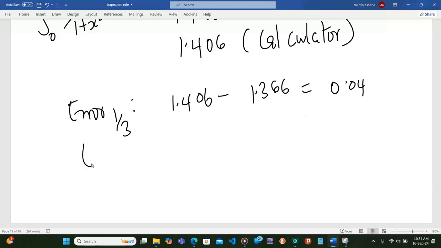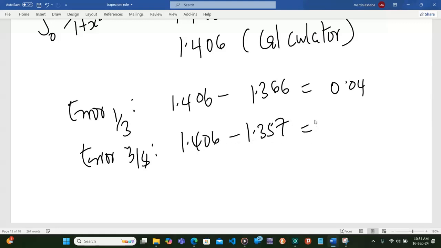And the error for 3 out of 8 is 1.406 minus 1.357, so here I'm getting approximately 0.05.